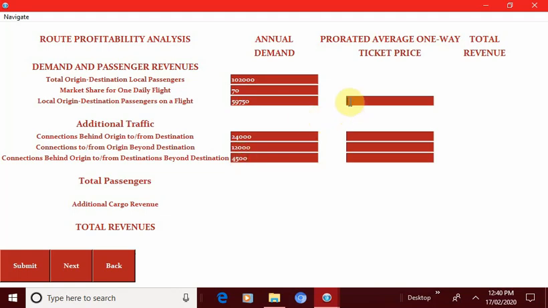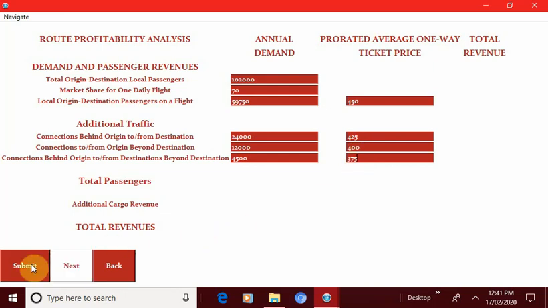The average prorated ticket price one way was 475 for the local passengers, 450 for the connecting, 425 for connecting beyond destinations, and here we'll put 450, here we'll put 425, and here we'll put 400, and this was say $375.